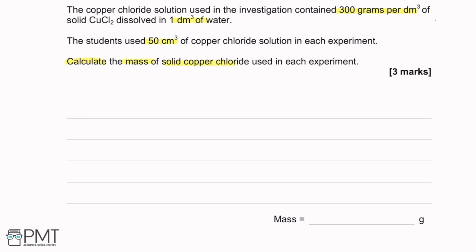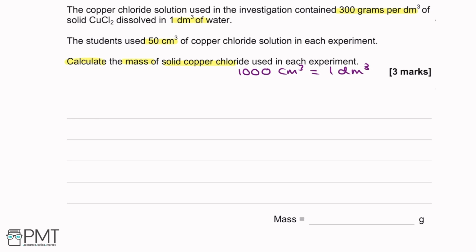So to be able to answer this question, we need to be able to convert between centimeters cubed and decimeters cubed. So we need to know that there are 1,000 centimeters cubed in 1 decimeter cubed. And that's going to really help us in this question. So let's think about the information we've been given.